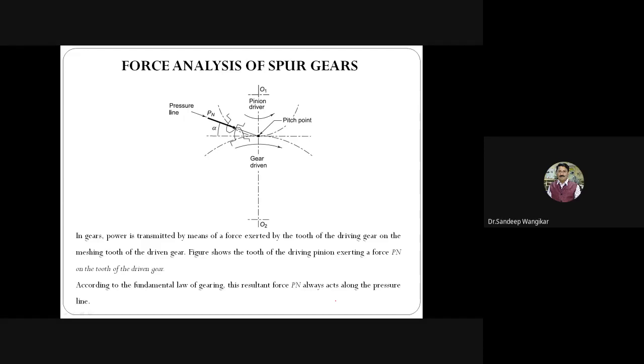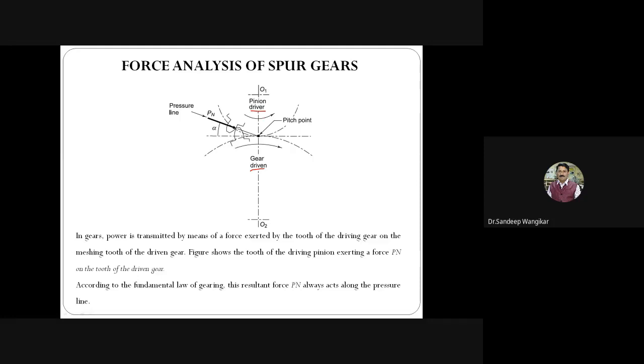So friends, the pinion and gear are rotating. Pinion is the driver. See, pinion is the driver and the gear is driven. In this case, the pinion is rotating in the direction shown in the figure, anti-clockwise, and the gear is rotating in clockwise direction.